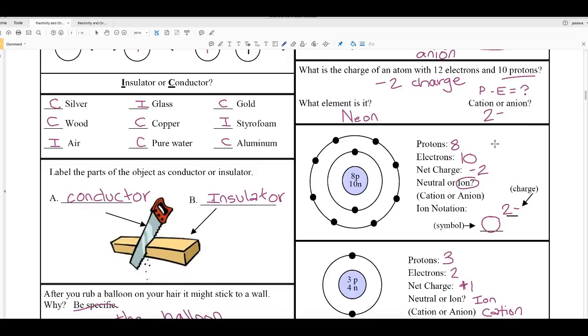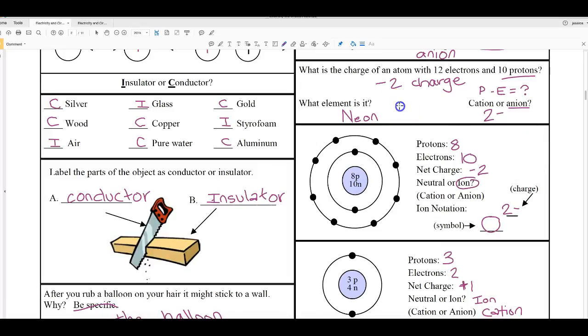What's the element? This one happens to be neon. Of course, you may not know it off the top of your head, but if it has 10 protons, that identifies the atom it is. You go to the periodic table, you look for number 10, and it will tell you that it's Ne, or neon. And it is an anion because it has a negative charge, 2 negative.